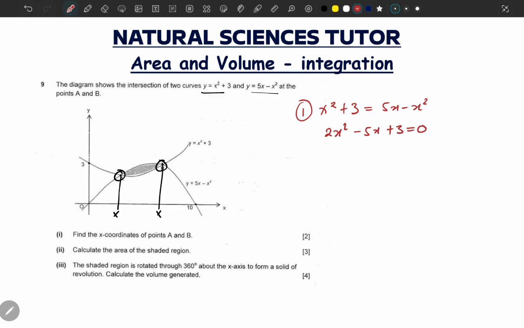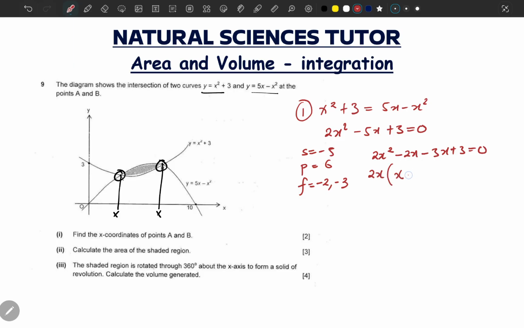From here, of course, we factorize. The sum is -5. The product is 2 times 3, which is 6. What are the factors? Two numbers, when you add, you get -5. You multiply, you get +6. That is -2 and -3. So if you will rewrite this, factor out: 2 and x are common.